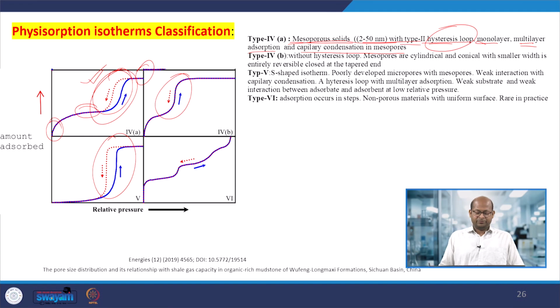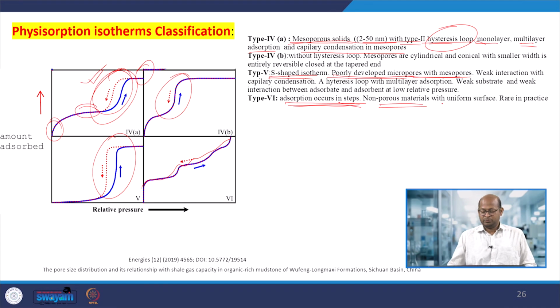In the case of type 5, S-shaped isotherms form, with poorly developed micropores along with mesopores. Here you can see zigzag-type isotherms. Here the adsorption of nitrogen over the surface of the materials is stepwise, on non-porous materials with a uniform surface.